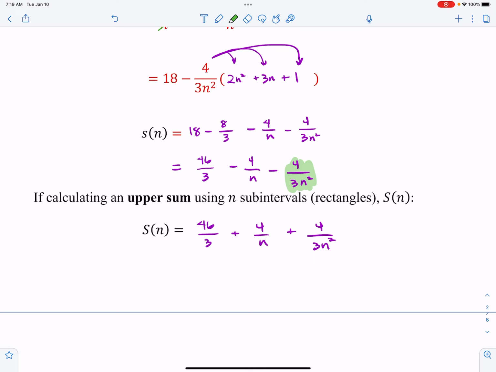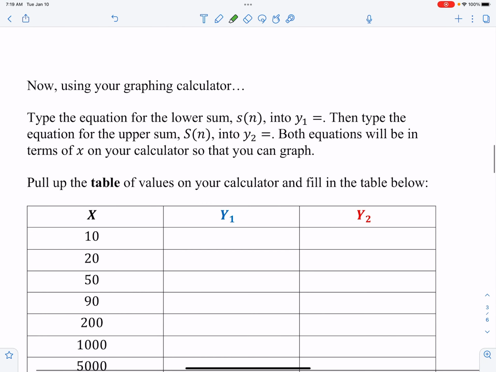We're going to be examining the table, and we want the decimal approximations instead of the fractions. If you use the fraction bar, it's going to give you fractions in your table. So use parentheses and then type in the upper sum, and again, the argument, instead of n's, you're going to be using x's, into y sub 2.